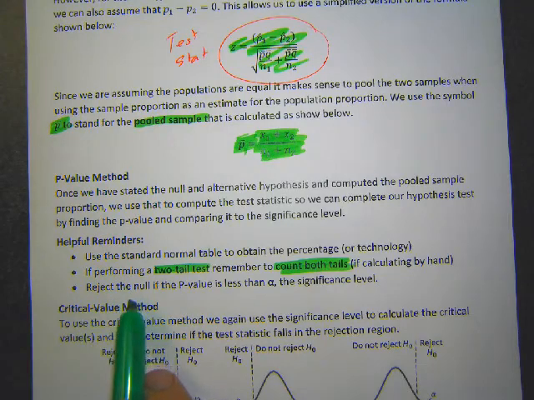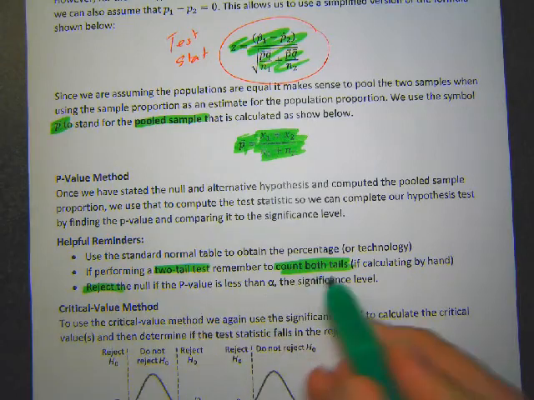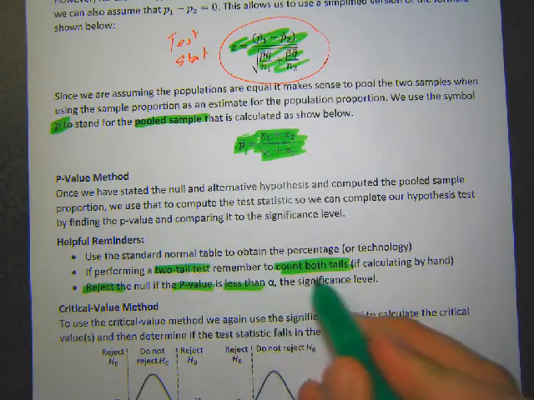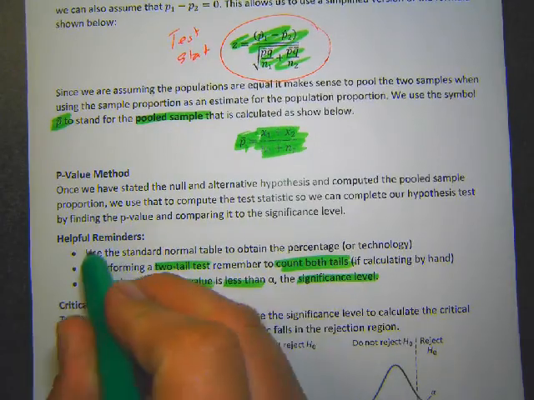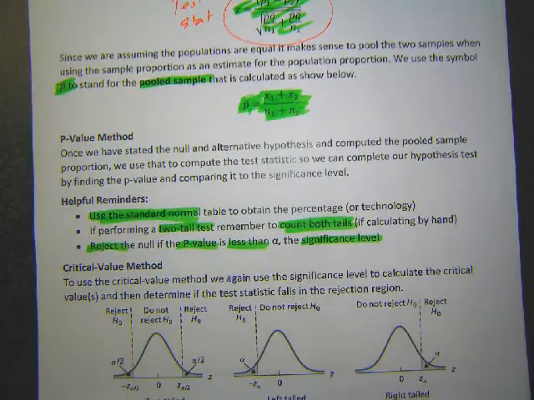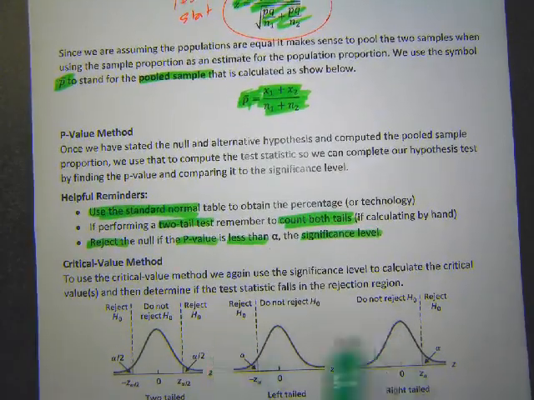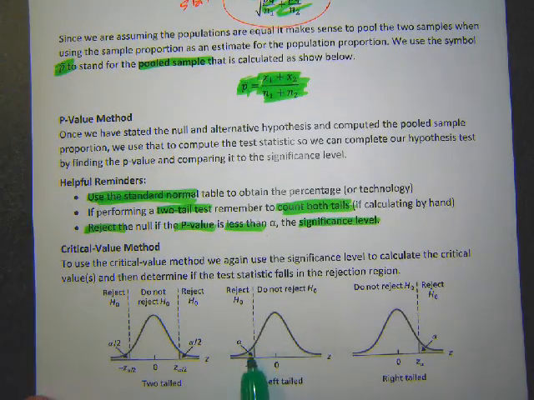Reject the null if the p-value is less than the significance level. So remember, you reject if p-value is less than significance level. That's how we determine to reject. And again, use the standard normal table or the z-score table. If you're using the critical value method, remember that when you have two tails, you have two critical values. Left-tailed, you'll have one, and it'll be negative, and right-tailed, you have one, and it'll be positive.